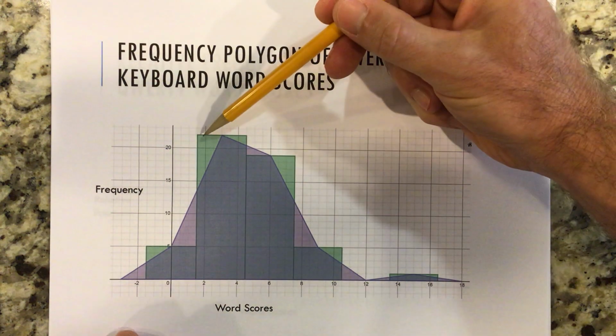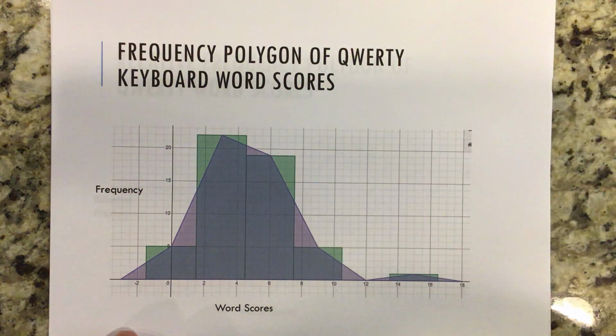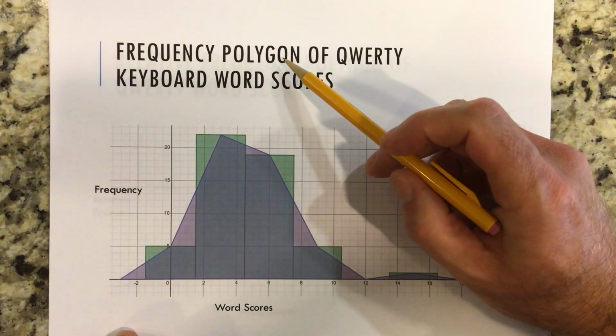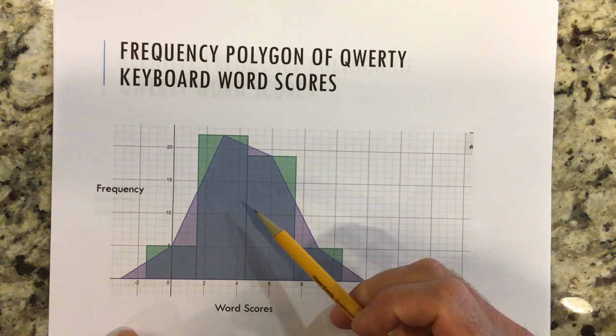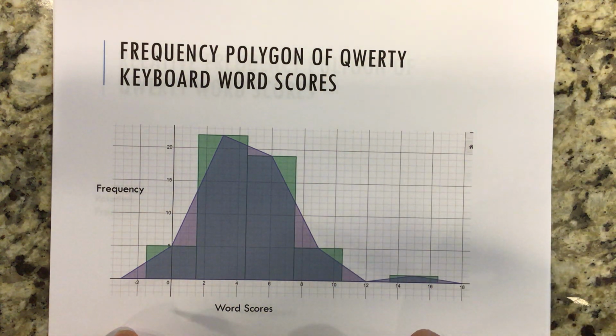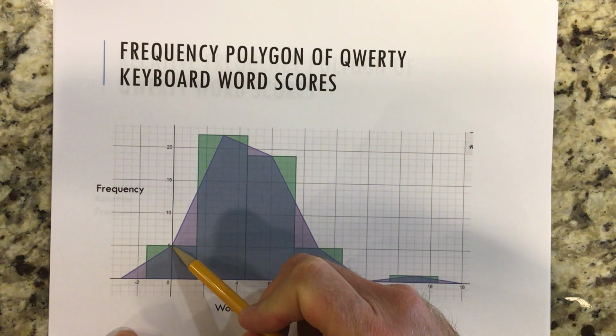I left my histogram in the background just to show you how the frequency polygon compares to the frequency histogram. Now there's more than one correct way to make the frequency polygon. I used the class midpoints. So for each class midpoint, I said there were 5 words in my first class. So at the midpoint of my first class, I put a point.